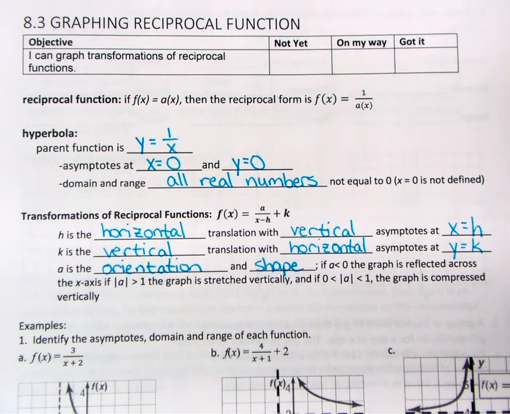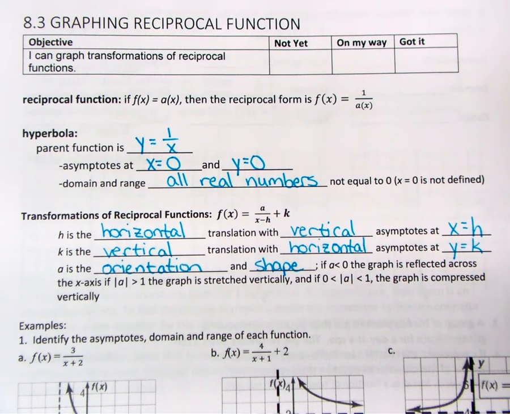So you need to say the x equals part. Similarly, k as a vertical translation gives a horizontal asymptote at y equals k. Just like the vertical asymptote, we need to list the asymptote as y equals the k value and not just the k value.